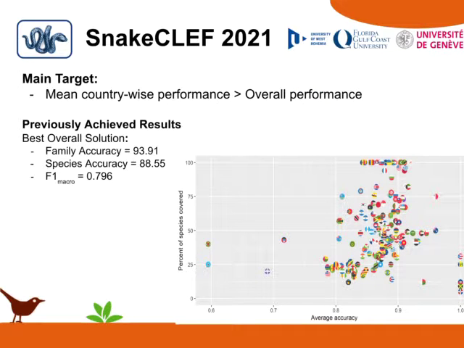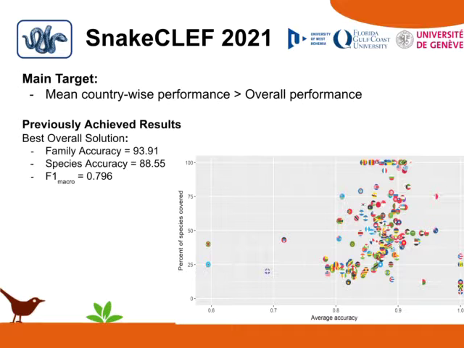In 2020, the challenge was already run, and on average there was pretty good accuracy, with the best run reaching 88% accuracy at the species level. But as you can see in the bottom right plot, there is a lot of heterogeneity between the countries.